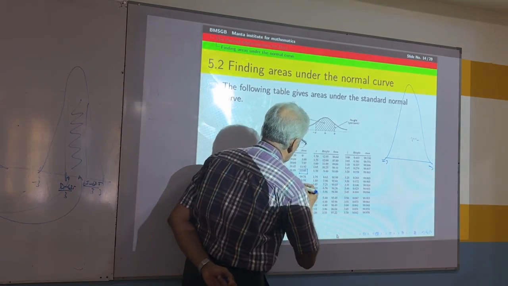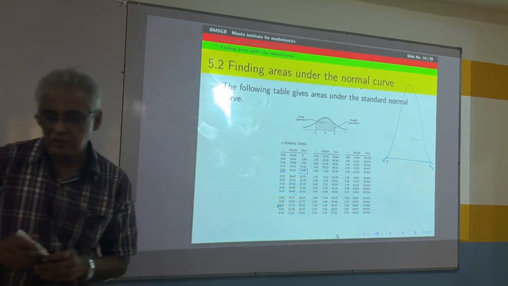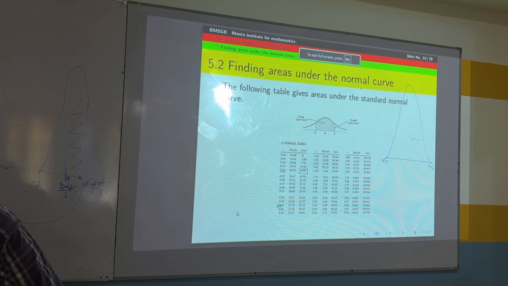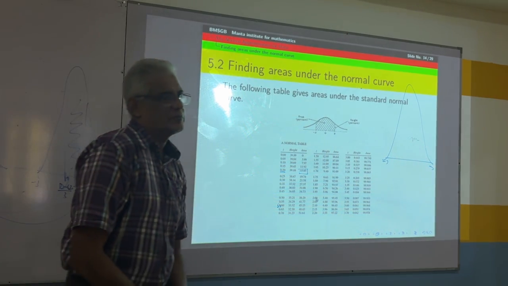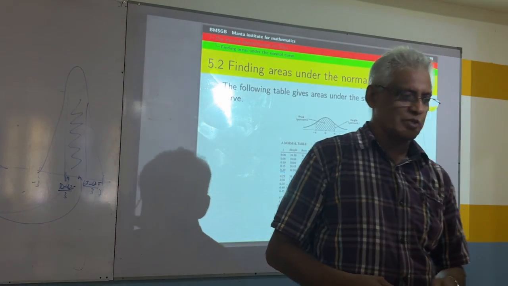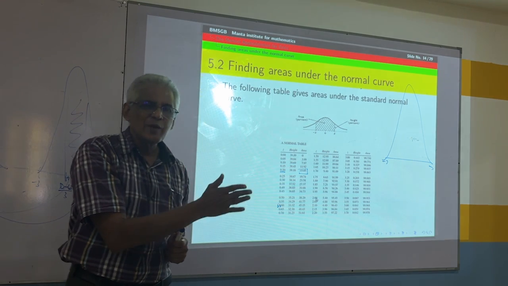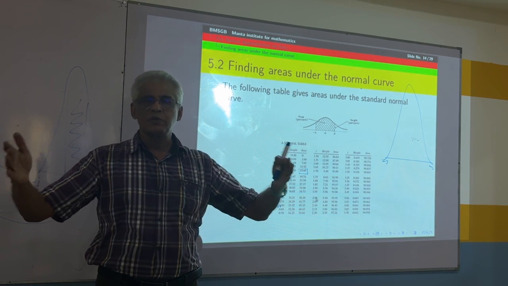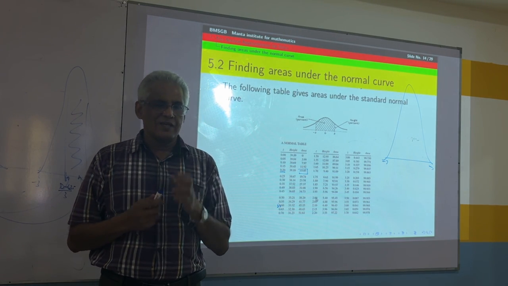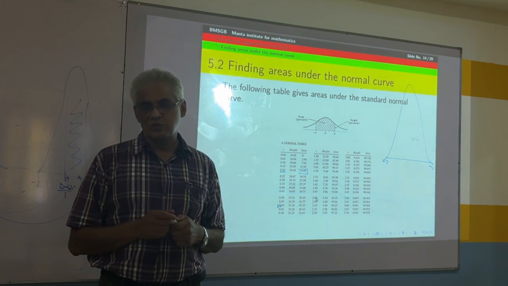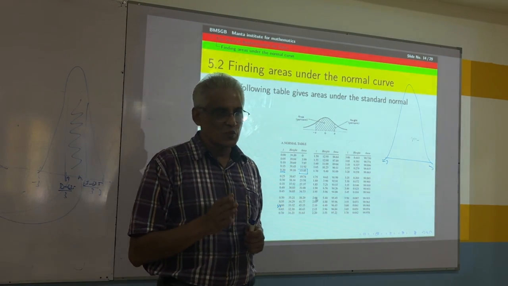For example, if I look at Z equal to 2, what should be the answer? We know that for the standard normal distribution, area between minus 2 and plus 2 should be roughly what? Standard normal distribution is symmetric around 0. Standard deviation is 1.